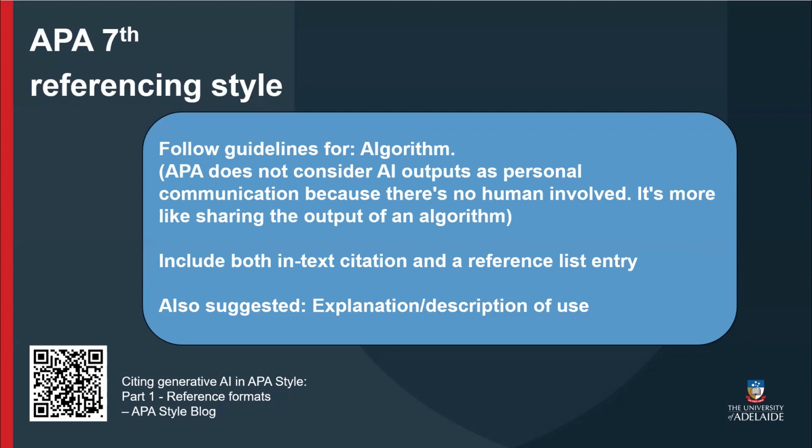So it reflects APA's emphasis on transparency and reproducibility, even though AI outputs aren't always recoverable in the traditional sense. But you can find out more about this on APA's blog post via the QR code on the slide or the link that has been shared in the chat. It's quite long, so set yourself in for it, but it will get you an idea of, it will explain in more detail than I am in this webinar today about how these things are being impacted.